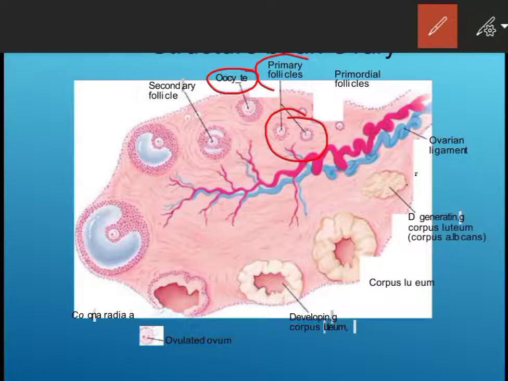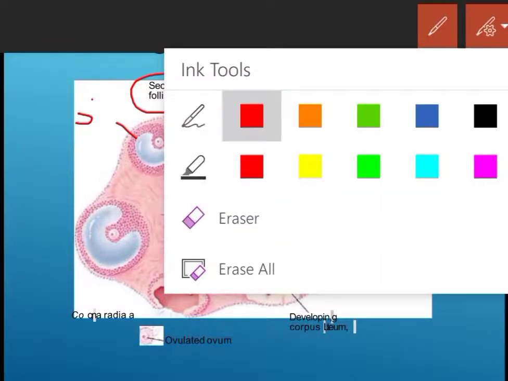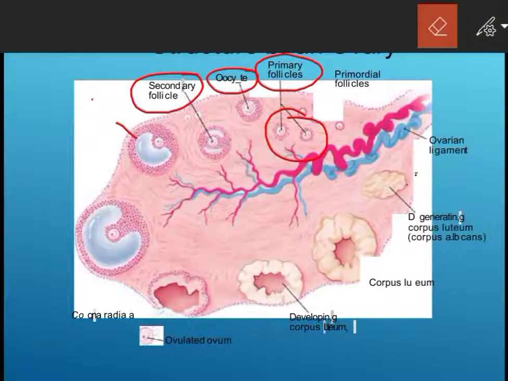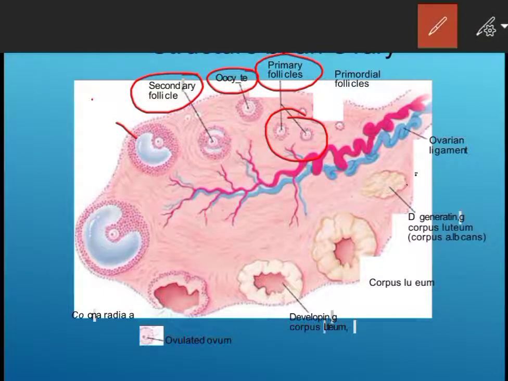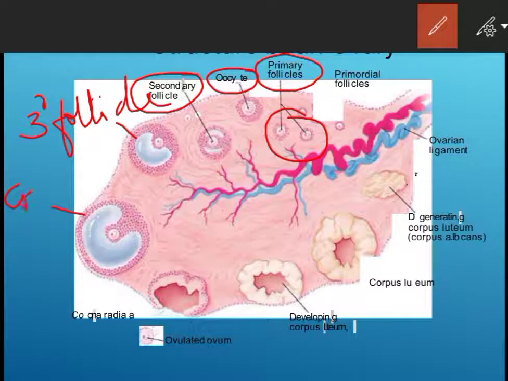Okay, so first the primary follicle develops into secondary follicle, then it develops into tertiary follicle, and finally into Graafian follicle.